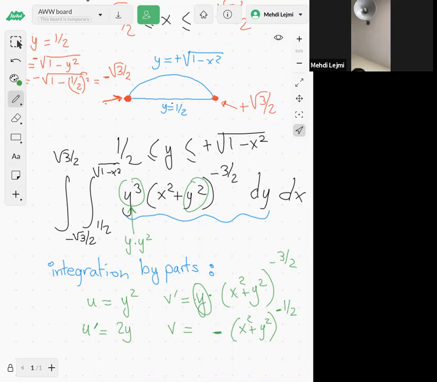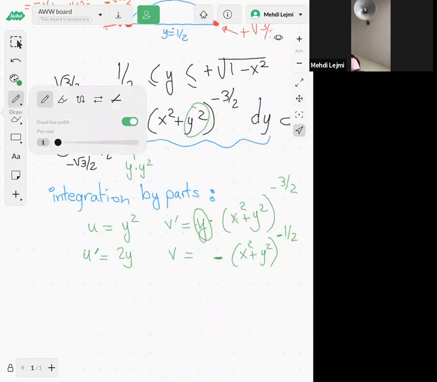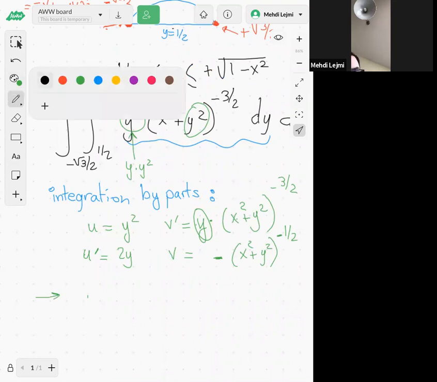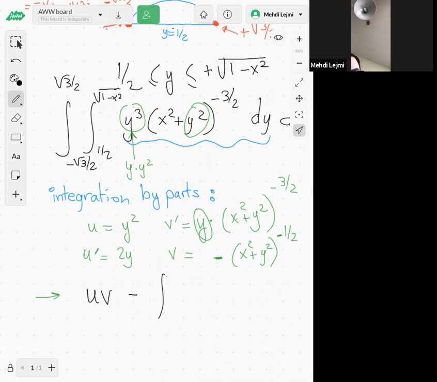But anyway, if you integrate by parts, you're going to have u times v minus the integral of u prime times v. Then u prime is just 2y, and v is minus (x squared plus y squared) to the negative half.